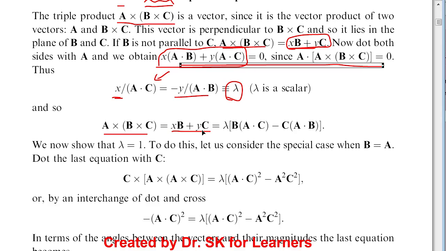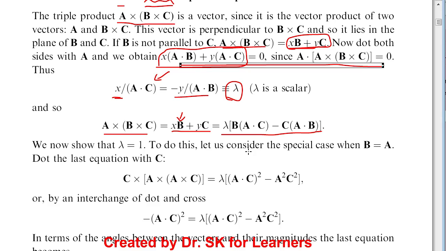So you can put these things here. Lambda is common, B is this term, and x is expanded as AC, so BAC minus CAB. That is what you are getting here.